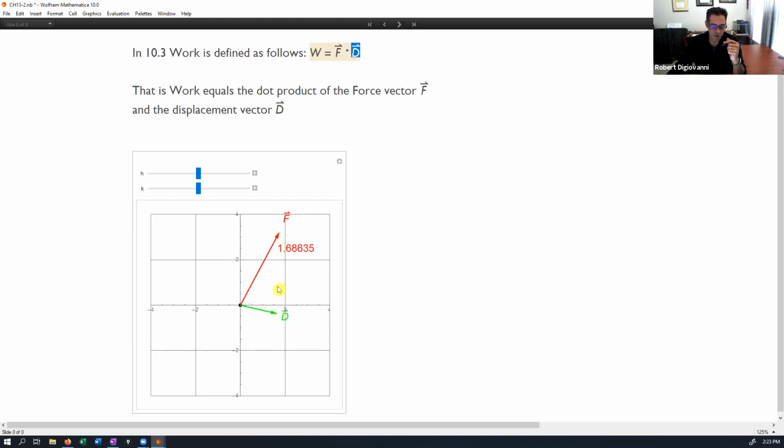And then if I dot those two, I get a dot product, and that number represents the work done. If I change my force vector to go past perpendicular, I get a negative dot product, which means negative work. All right, so that's the general idea. If you're at a point and you have force and a displacement vector, then you have work.